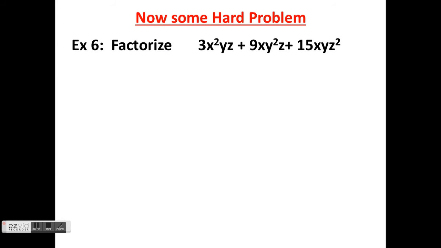It is looking like a hard question. 3x square yz plus 9x square y square z plus 15xyz square. As usual we break up. For your clarification, each one is given in a different color.